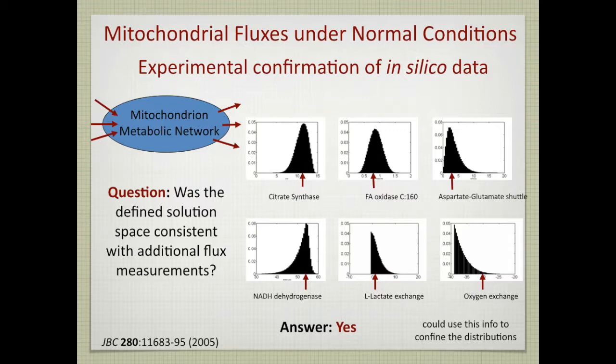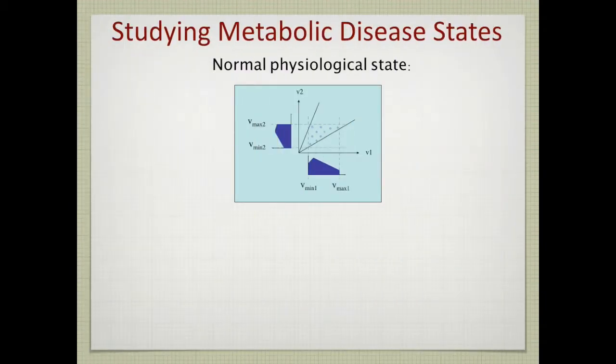So we can look at now variations in that space based on altered Vmaxes. And I may have shown this diagram before, but let me show it again. Here is a two-dimensional space, two fluxes that have been sampled, and we have these blue distributions.